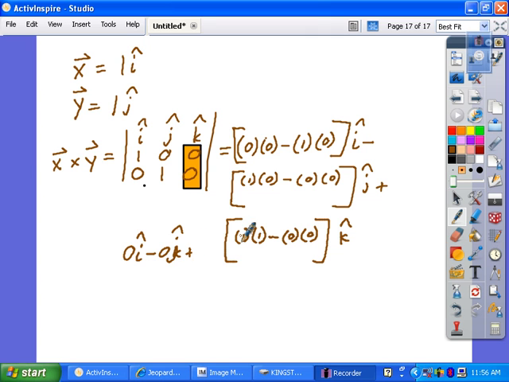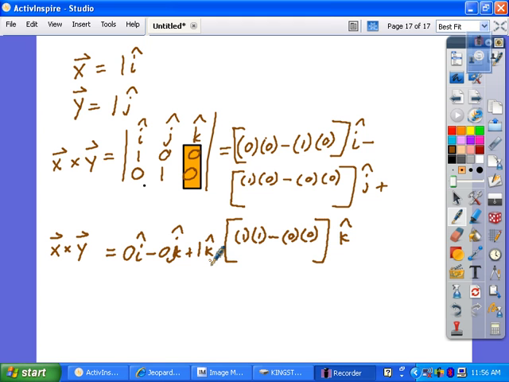Plus 1 times 1 is 1, minus 0 times 0 is 0. 1 minus 0 is 1 k hat. So my new vector of x cross y is going to be 0i, 0j, 1k, which is what I predicted. If I cross the x direction with the y, I should end up with the z. And that's what I get here.